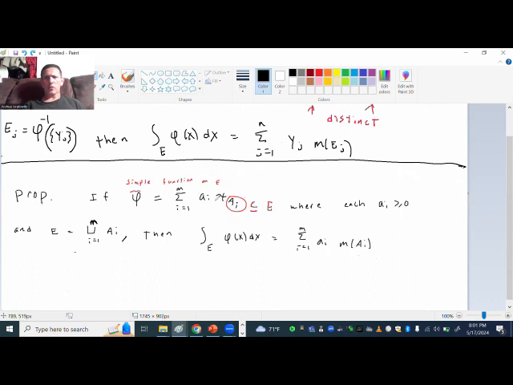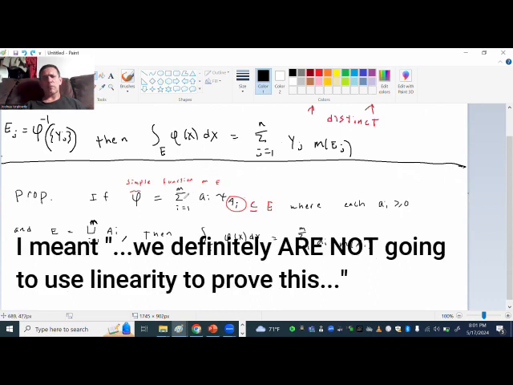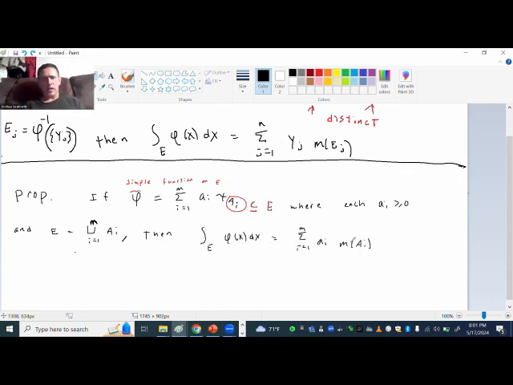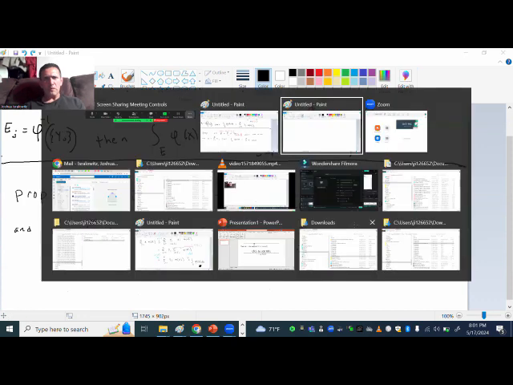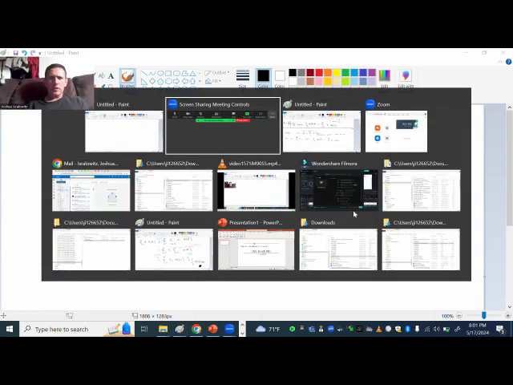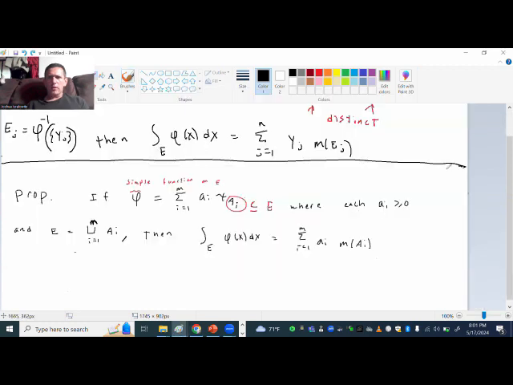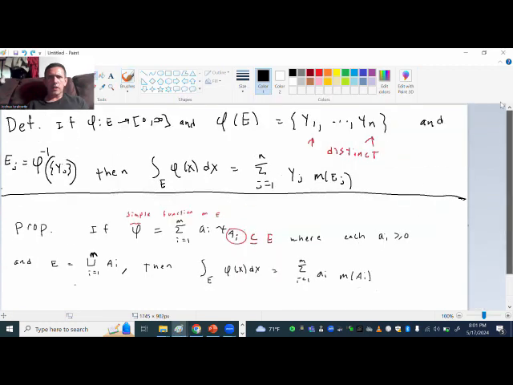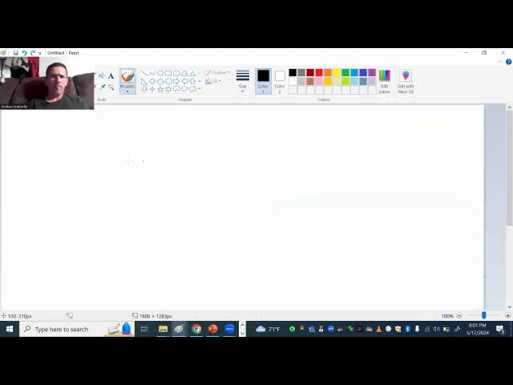We're not being circular here. We definitely did not use linearity to prove this, because we don't know yet that linearity is true for the integral of non-negative simple functions. That's what we're going to prove right now. And to be clear, when I write integrals, I'm using the definition of the Lebesgue integral of a non-negative simple function.